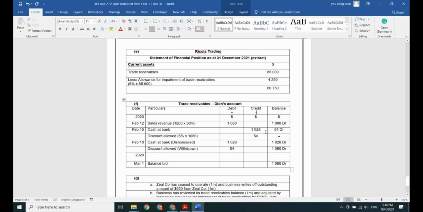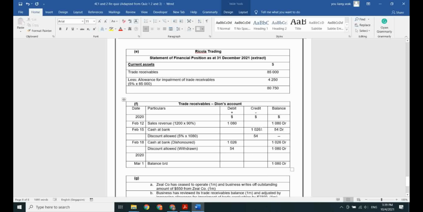On 15th of February, when Dion actually makes the payment, it is a little bit different, because in this case, from the invoice price 1080, we then have to give a further cash discount of 5% because they made the payment within 10 days, right? Only 3 days later they pay, so it's still within the 10 days period where they can receive the discount from us, the business.